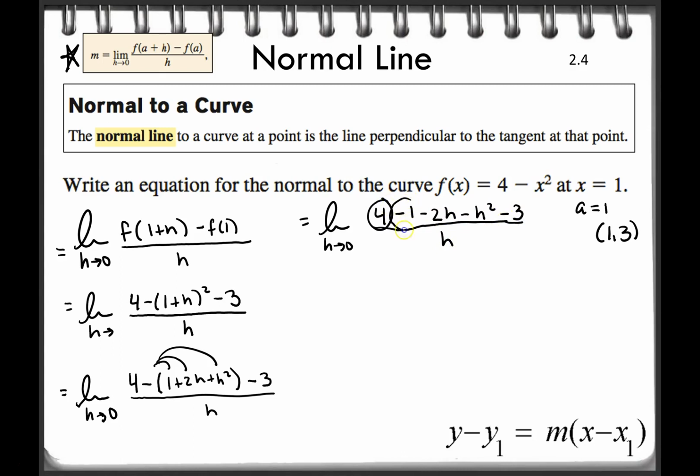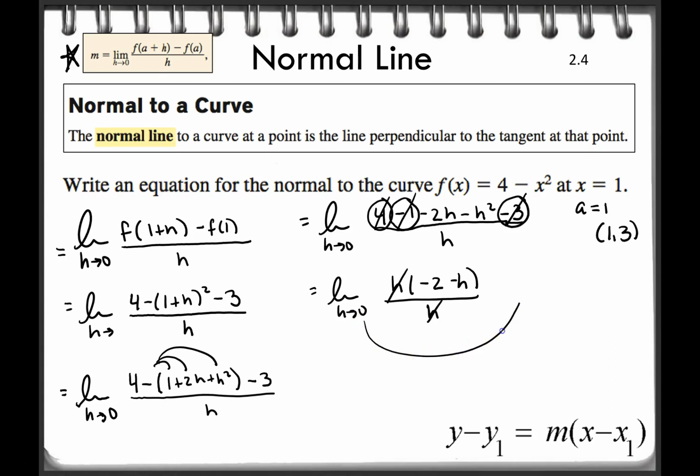The 4 minus 1 is a 3, and then we subtract 3, so that's good. Those all cancel. And now I'm just going to pull out an h in the numerator. So that's going to be an h times negative 2 minus h, so I just pulled out an h right here. And then in the denominator, I have divide by h. Of course, our h's cancel.